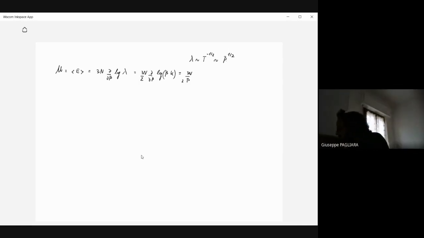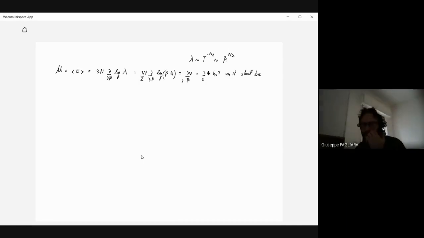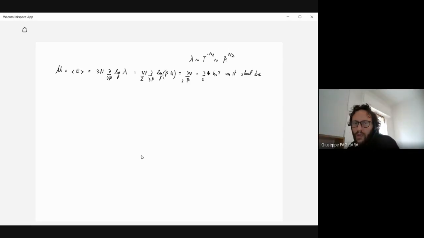Okay, and now this is 3/2 N kBT as it should be. So I get the standard result that I have 1/2 kBT times the total degrees of freedom, 1/2 kBT times 3N degrees of freedom.